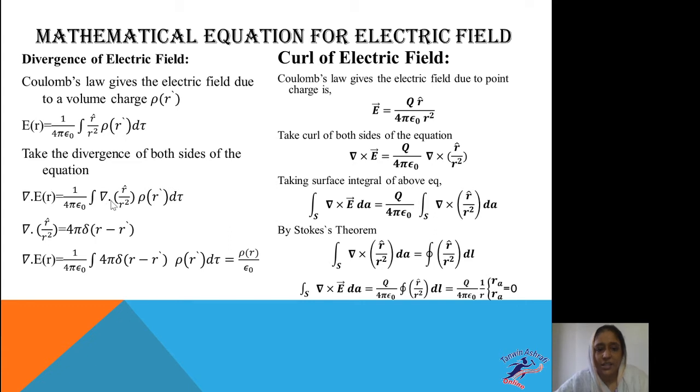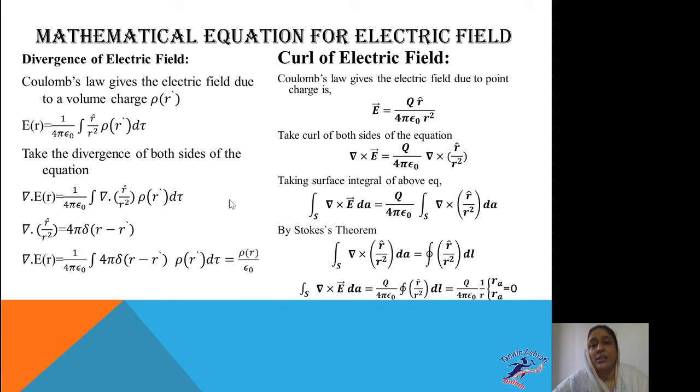Now this del dot r cap divided by r square, as we have studied in the previous lecture, is nothing but 4 pi Dirac delta function of r minus r prime. If we substitute that value, we get 4 pi, and the integration will come at r equal to r prime. Therefore rho prime divided by 4 pi, the 4 pi gets cancelled, epsilon naught.